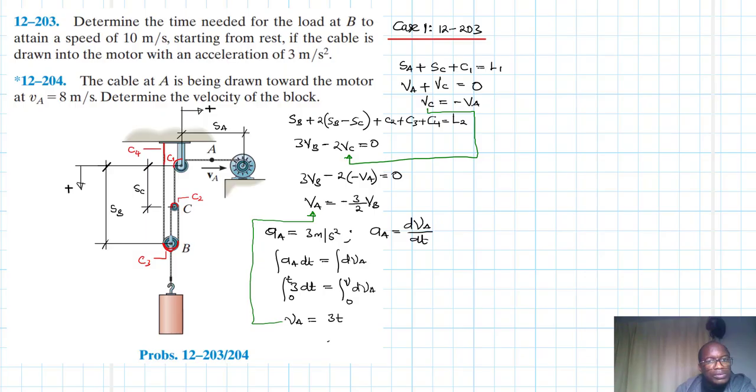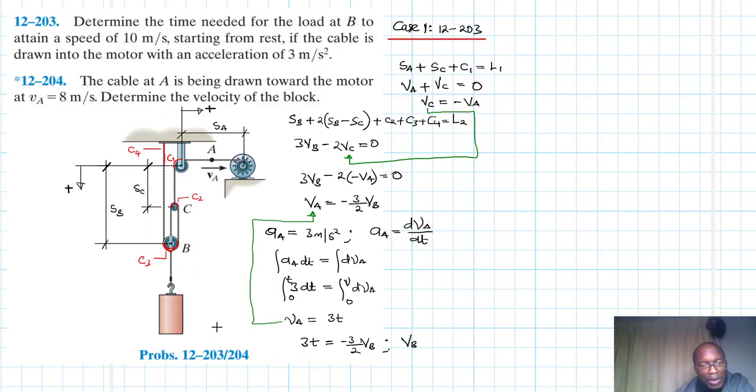Once we do so, we'll have 3t equal to minus 3 over 2 V_B, where V_B we've been given already, which is 10, because the idea is to allow the load to attain this particular speed, and it is going up.